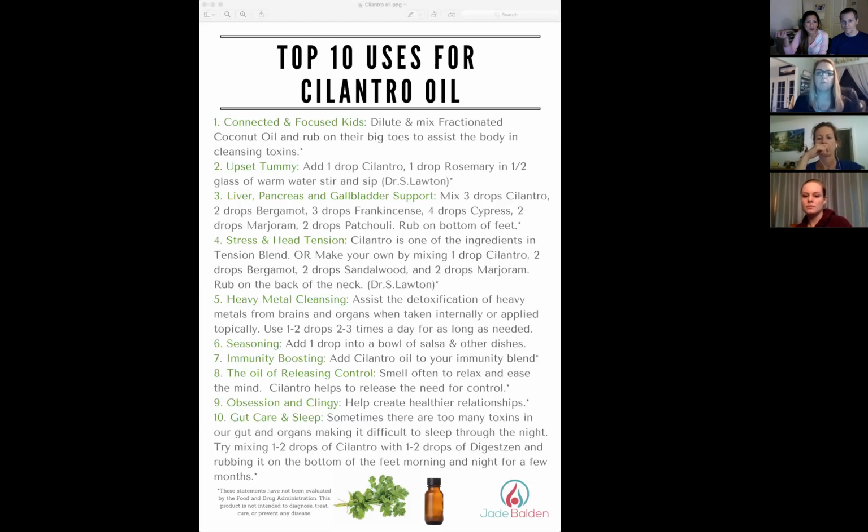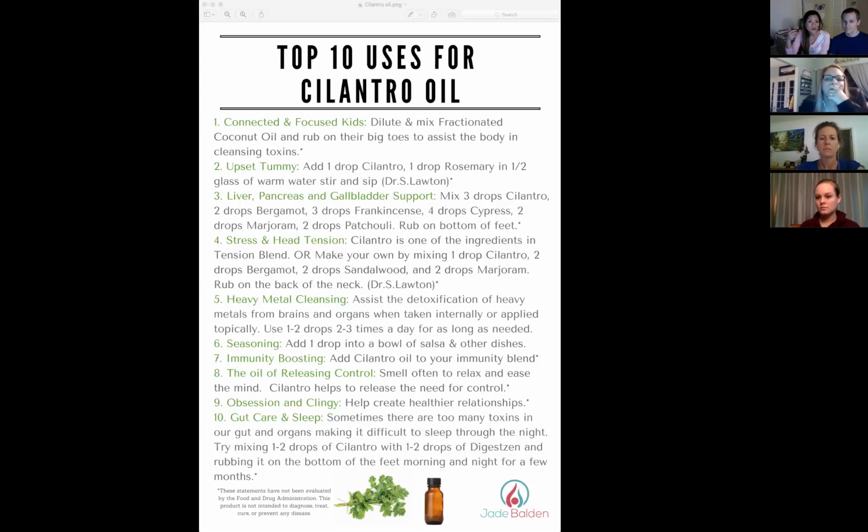People tell me all the time that if they use one oil, say the deep blue, some people swear by the deep blue and other people say, well, it did nothing for me. What happens is we have different pain pathways in our bodies. Your pain pathway will be different to your friends. So if your friend uses deep blue and it's great and it works, good for them.